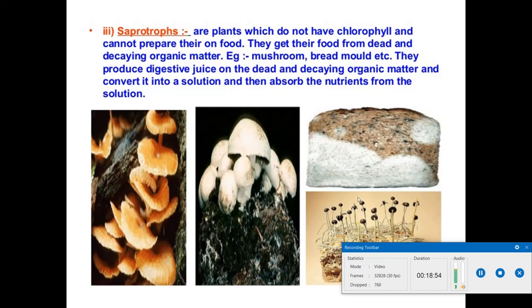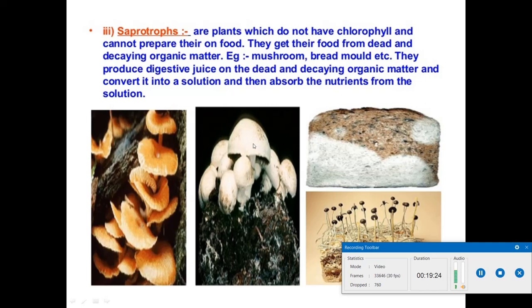Sapro, getting nourishment from dead and decaying organic matter, is termed saprotrophic nutrition, and such organisms are termed saprotrophs. So these saprotrophs are plants which do not have chlorophyll and cannot prepare their own food. As you can see here, they are non-green in color.